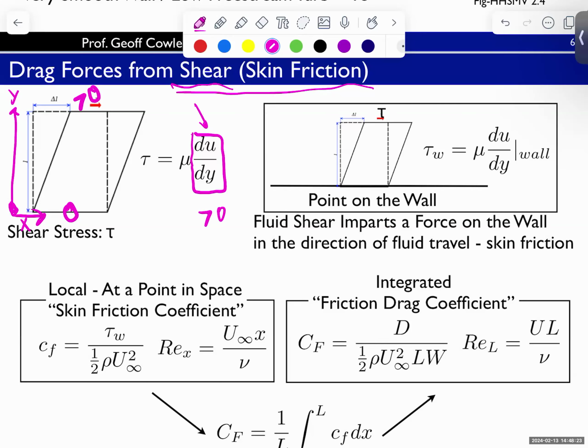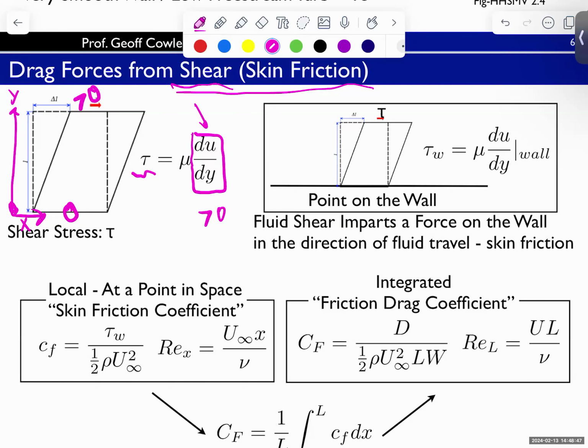And there's a stress associated with this because fluids resist a shear. We refer to shear as a change in velocity with respect to a distance coordinate. In this case, it's the change in the u velocity, the left to right velocity, with respect to the vertical y. It's positive in this case, and fluids resist a shear.